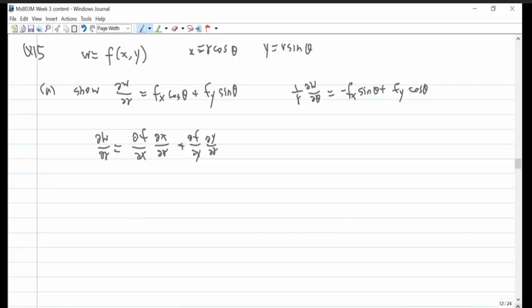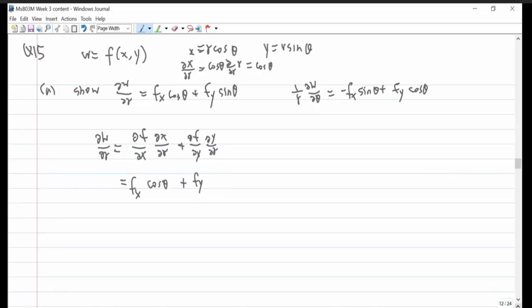Okay, so the first term, of course, is f_x here. What is differentiation of x with respect to r? That means you differentiate x with respect to r. What is this one? You keep theta constant now, take out theta, differentiate r. Then you get cosine theta. So this is actually cosine theta here. This is f_y.